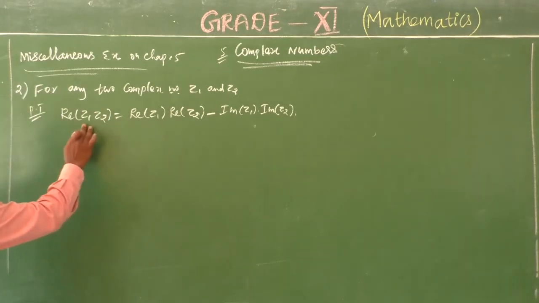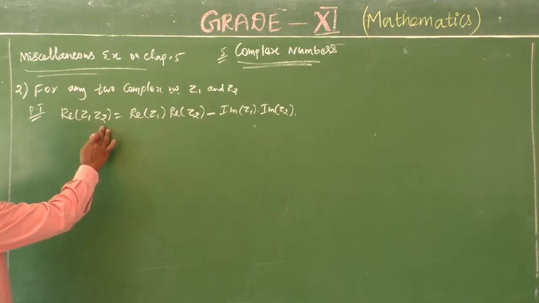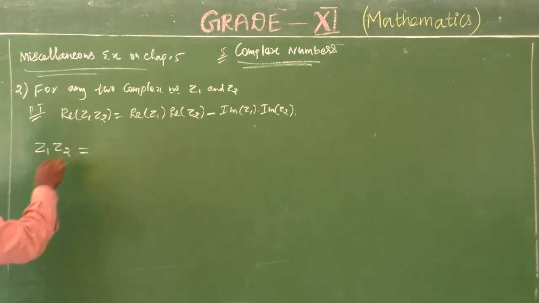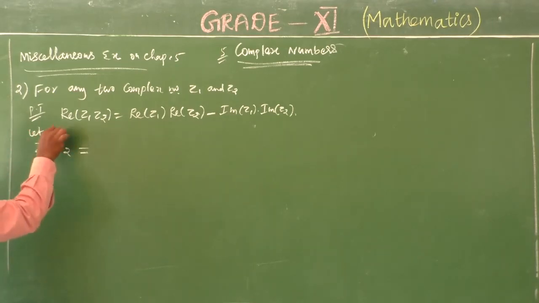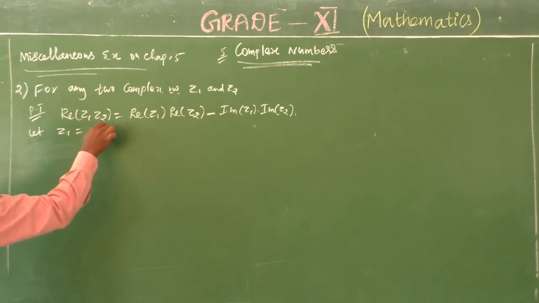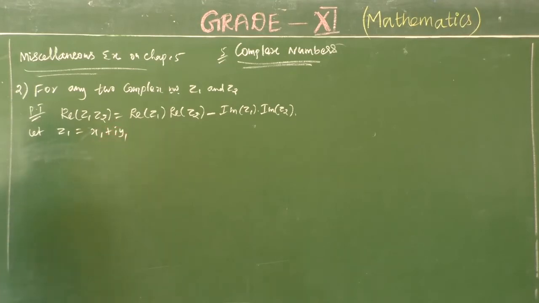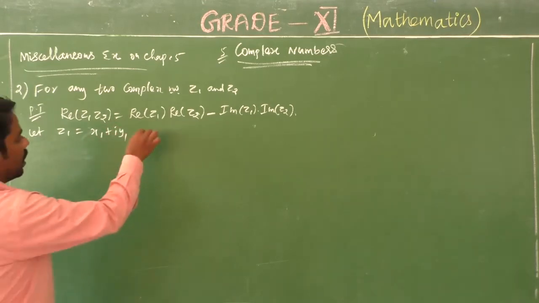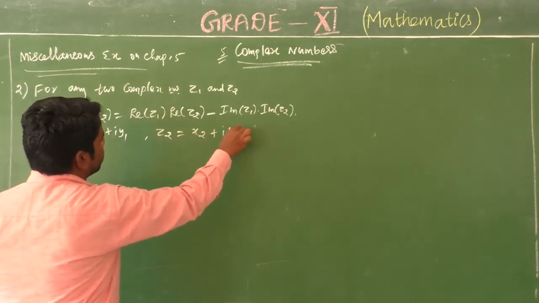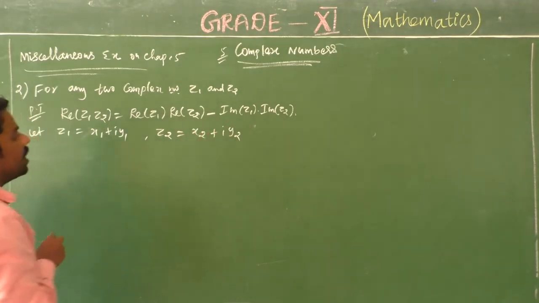Let us take LHS, real part of z1 into z2. First, find z1 into z2. Let z1 is equal to x1 plus iy1, and z2 is equal to x2 plus iy2.